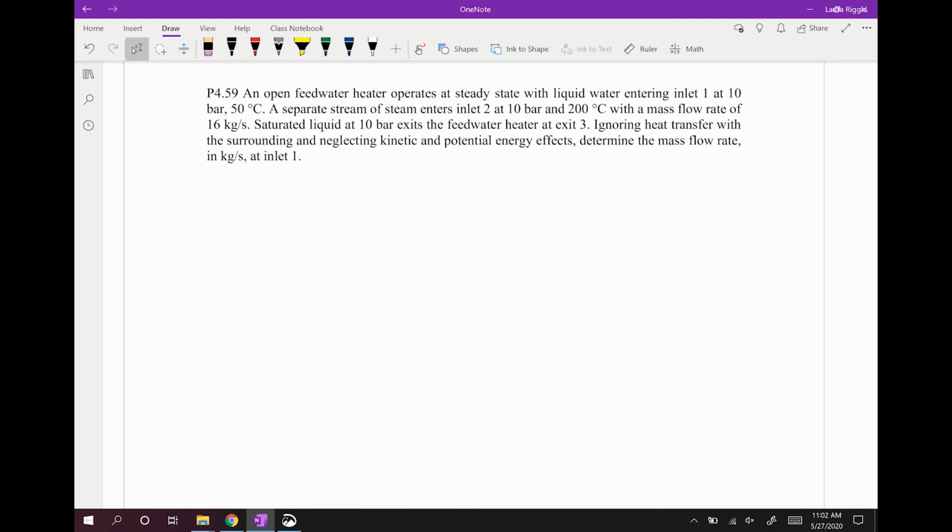A separate stream enters at inlet 2 at 10 bar and 200 degrees Celsius with a mass flow of 16 kilograms per second. And we have saturated liquid at 10 bar exiting. Ignoring heat transfer with the surroundings and neglecting kinetic and potential energy effects, we want to determine the mass flow rate at inlet 1.